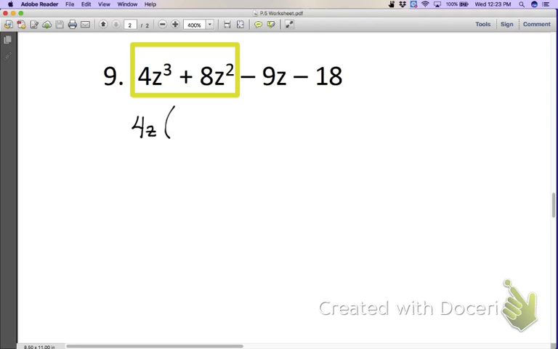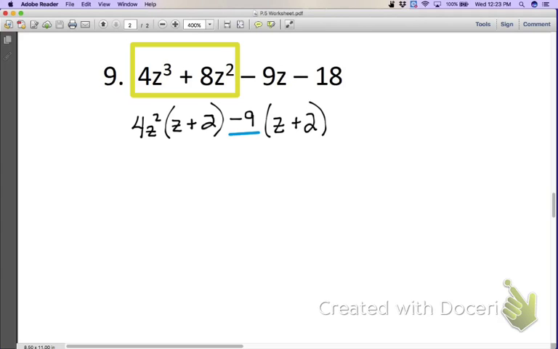So in doing that, I'm left with z squared, there we go, 4z plus 2. So then z plus 2 should be back here. What's going to fill in my hole there? Minus 9.